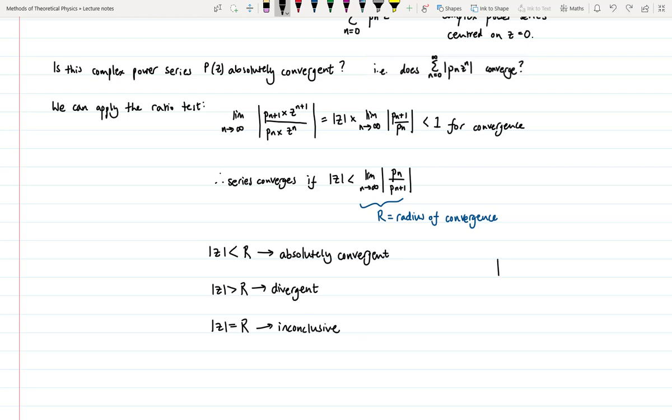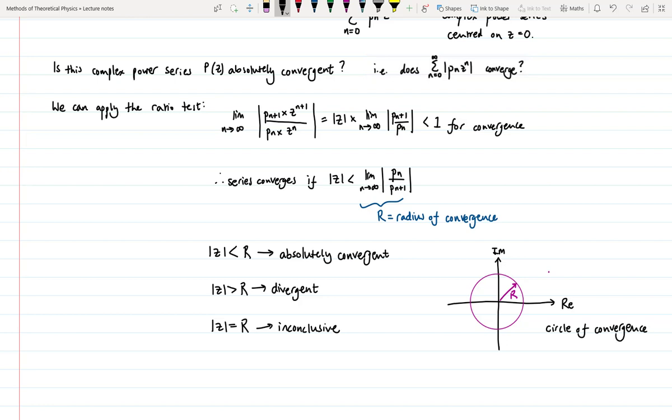In the complex plane, this radius of convergence defines a circle where its radius is r. We note this is the circle of convergence.